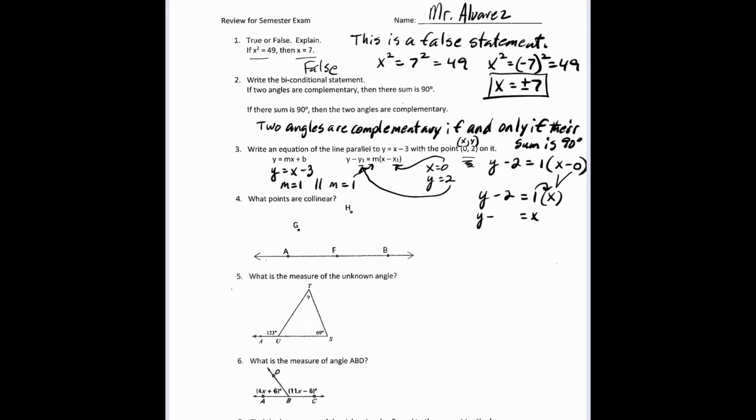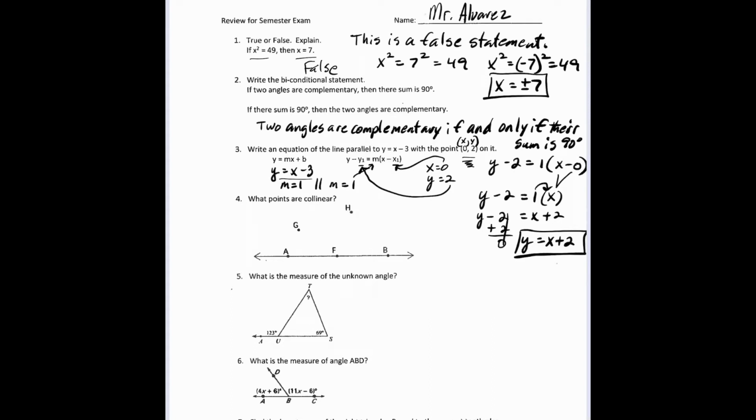And so we have y minus 2 is equal to x. Add 2 to both sides, and you're left with y is equal to x plus 2. And this is parallel to the original one, which is x minus 3, and it goes through the point 0, 2.